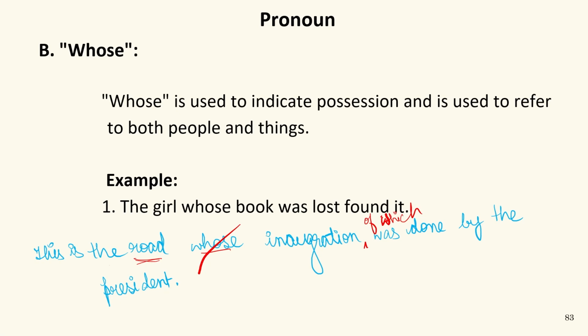Then the sentence will be correct. Now just for the presentation we can add a comma over here. This is the correct sentence because we cannot write whose with a non-living thing. Therefore, we use of which to make it possessive.